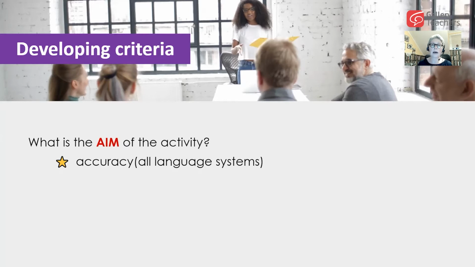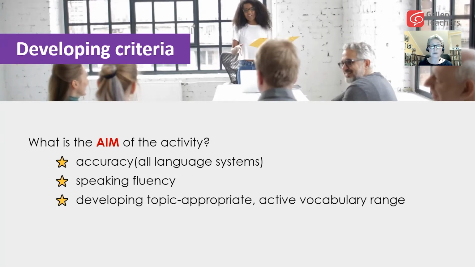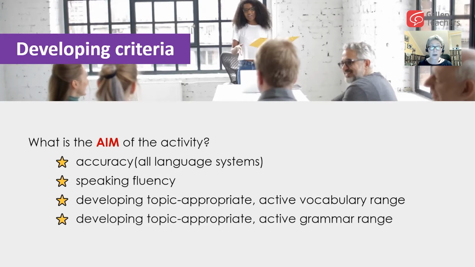So, for example, accuracy in terms of grammar, in terms of lexis, in terms of pronunciation. It could also be fluency in speaking. Another possibility would be developing active vocabulary range or active grammar range. Or it could also be developing a range of communicative strategies.